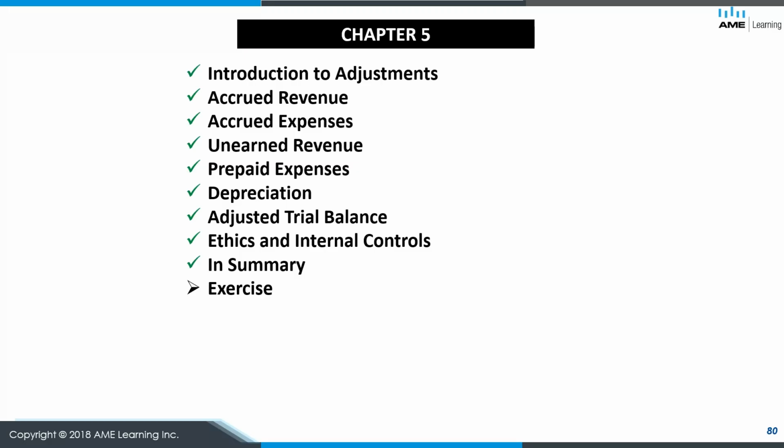I don't think the understanding of an adjusted trial balance is too confusing, but to understand each of the individual types of adjustments and the journal entries that go along with those is really going to require some practice. So that's what we'll do in class and in the homework and the workbook exercises.